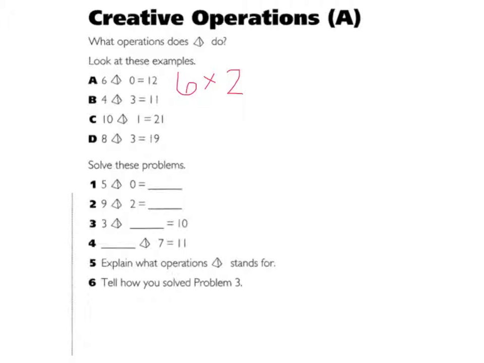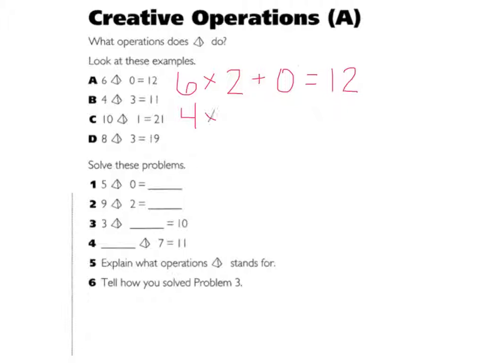Could it be that the equation should read 6 times 2 plus 0 equals 12? Let's see if the rule of double the first number, add the second number, works for all of our equations.